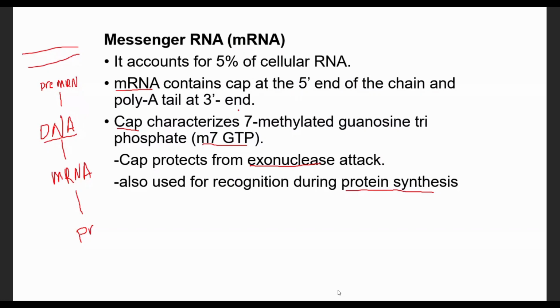Introns are non-coding regions. This DNA has two regions, coding and non-coding. The coding region is called exons. Exons have the information for protein synthesis.